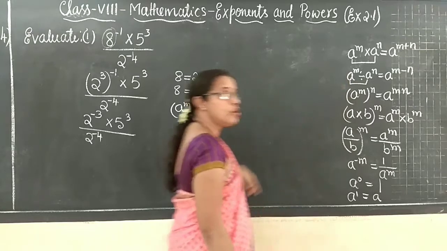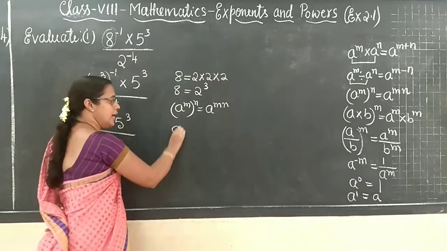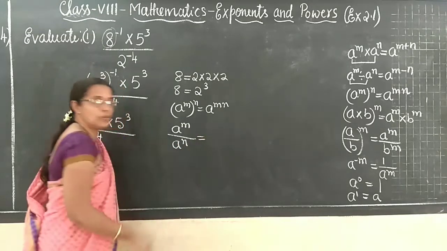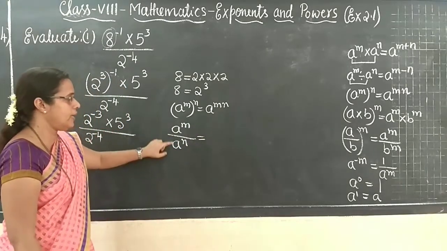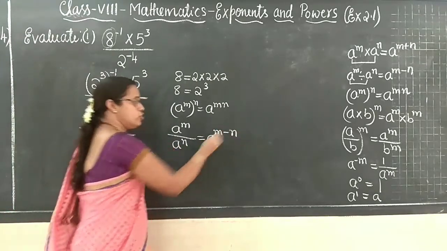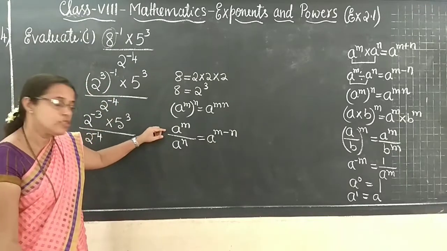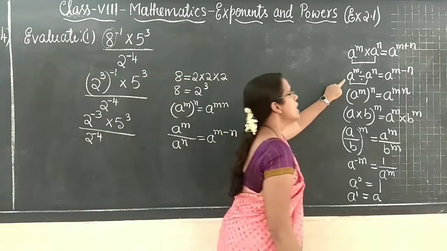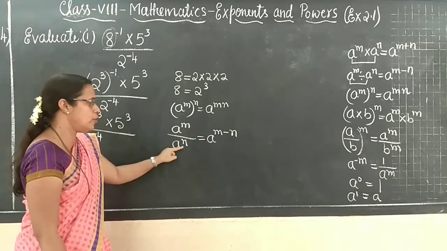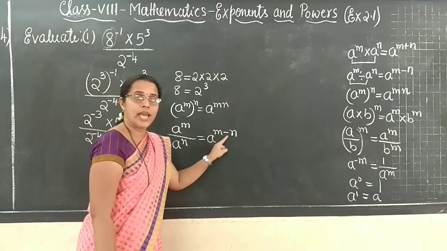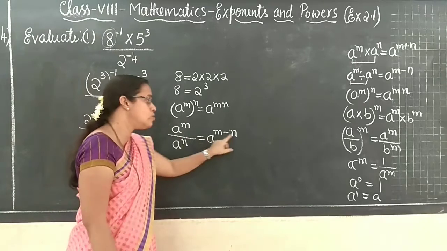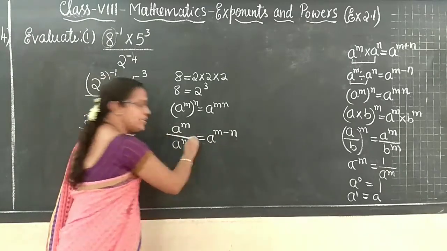The second law can also be written like this: a to the power m by a to the power n is equal to a to the power m minus n. You learned this in 7th standard. When the bases are the same, in the case of division, you have to subtract the powers.